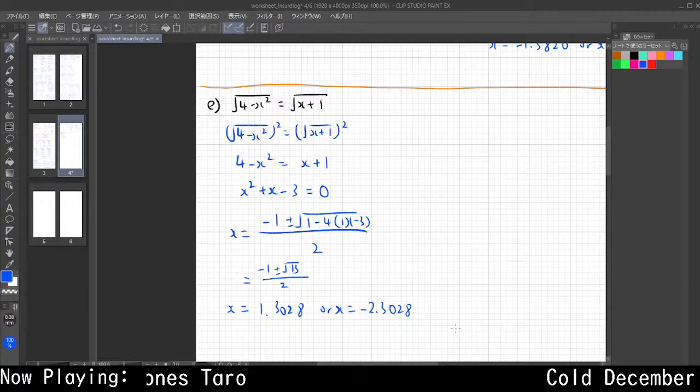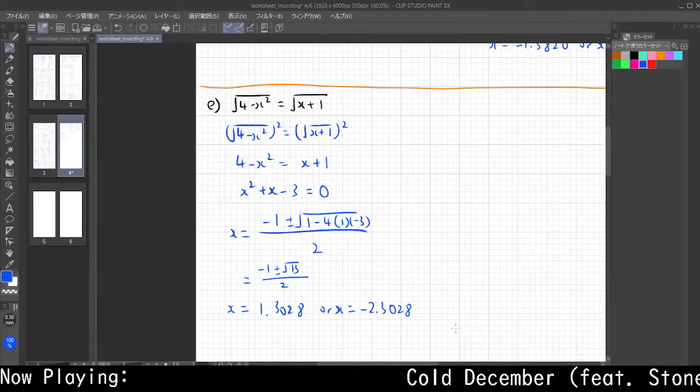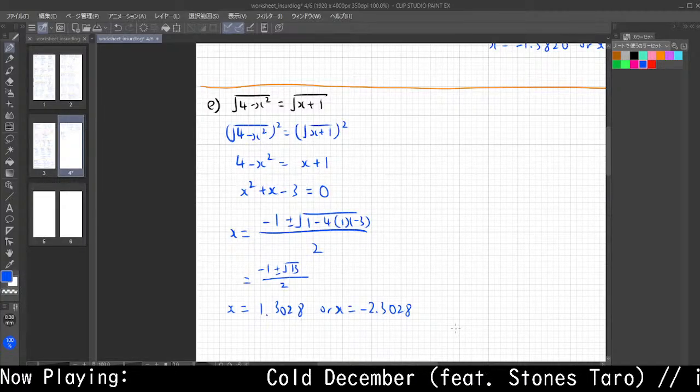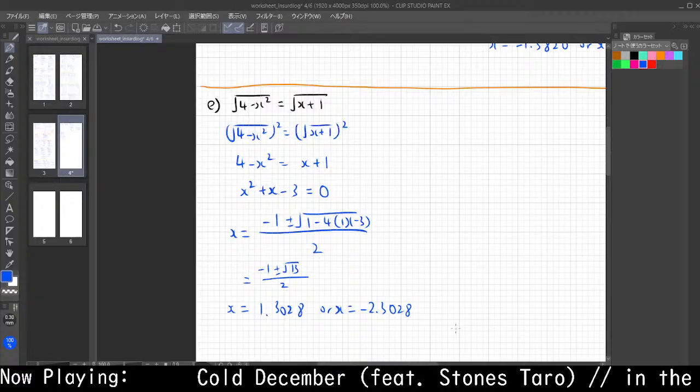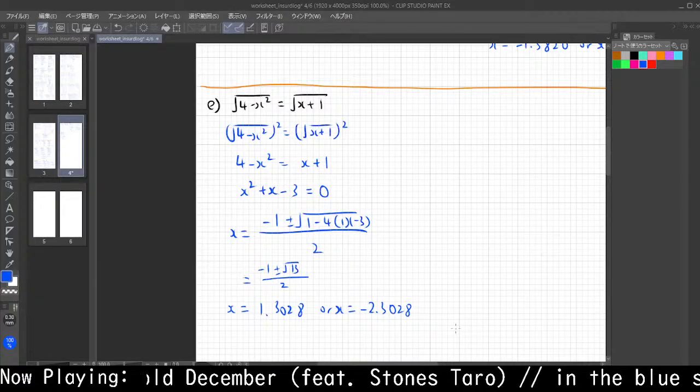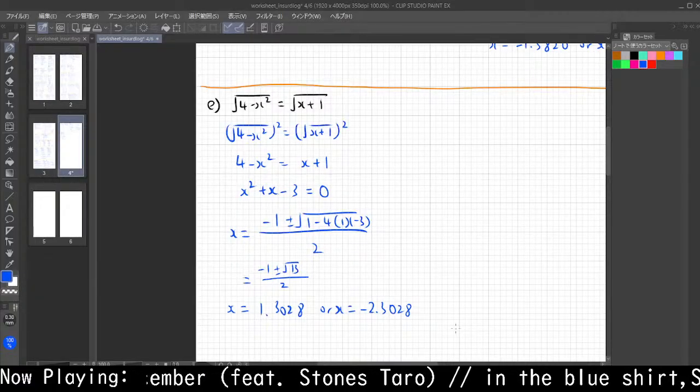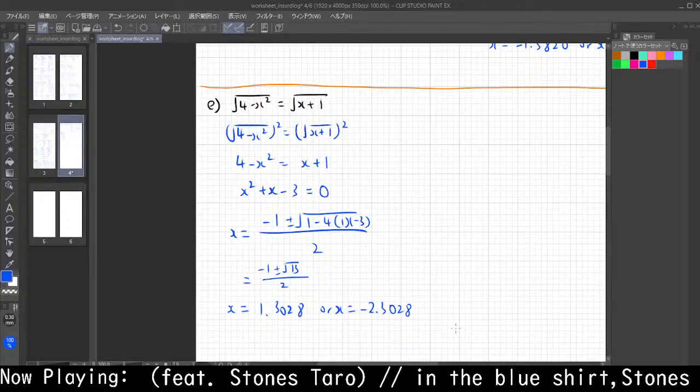So what we want to do is we can just show it in our right hand side over there. When x is 1.3028, you add 1 is still positive, so this one is good.